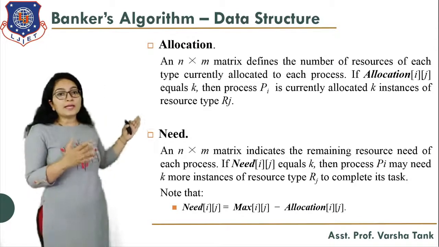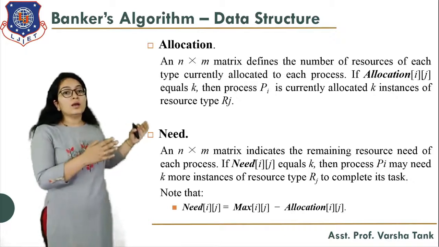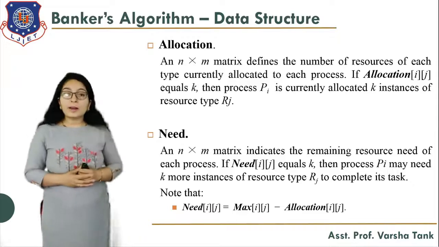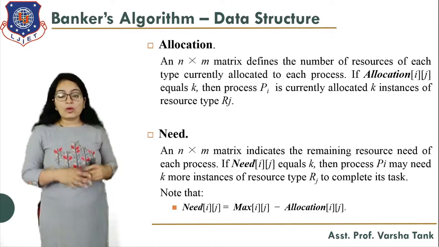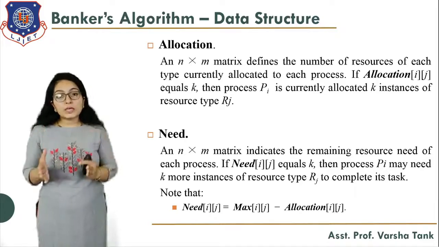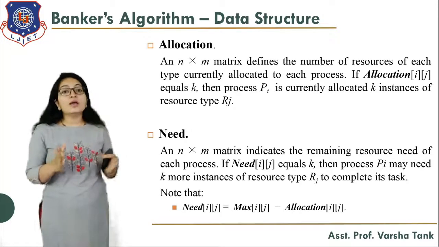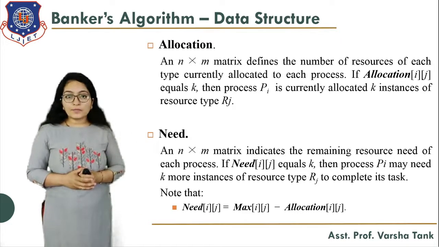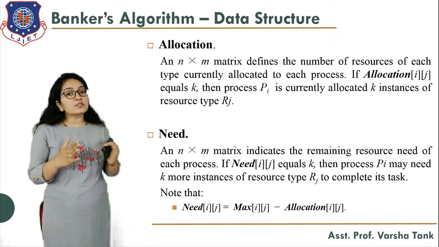Suppose I write allocation[1][tape drive] equals 4. What is the meaning of this? Process P1 has been allocated 4 instances of the tape drive. Got it? And its maximum need is 5.